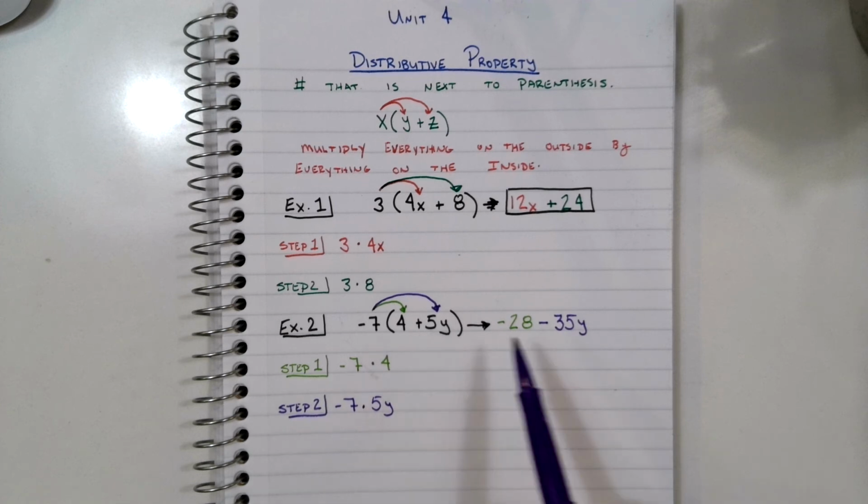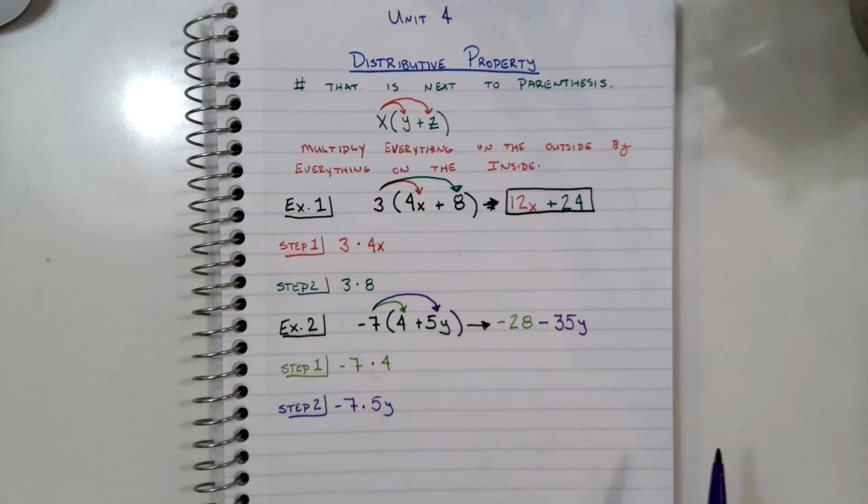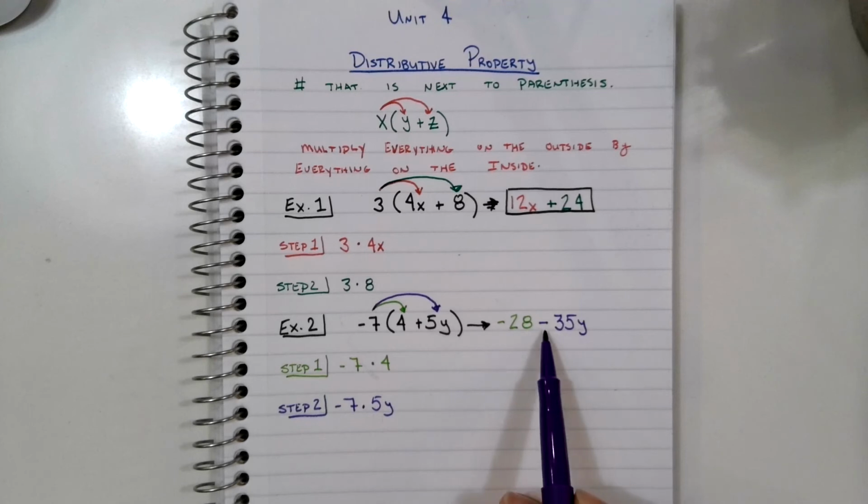So see, if you bring your plus over, you're going to be incorrect, or you're going to get plus negative something, and for some of you that confuses you. So my rule of thumb is let your sign determine your operation. For example, this is a negative, and my negative shows me this is subtraction.